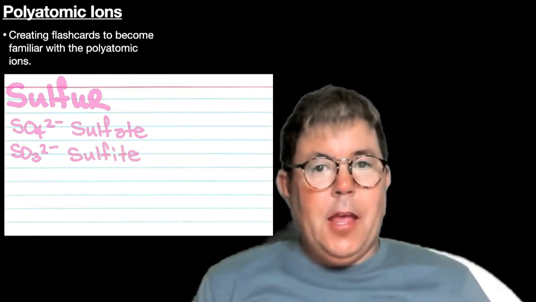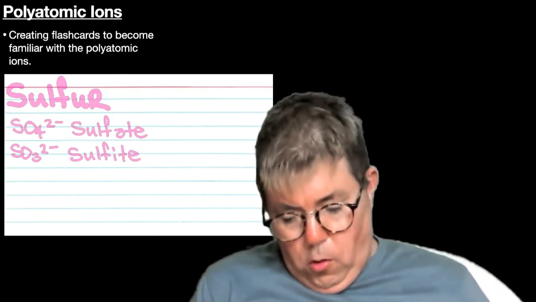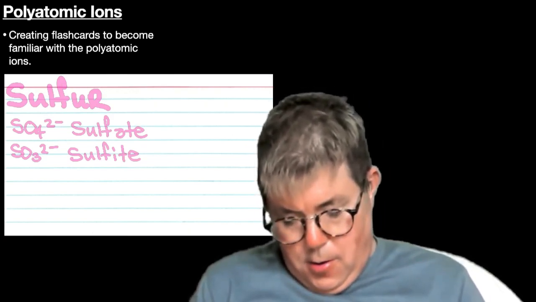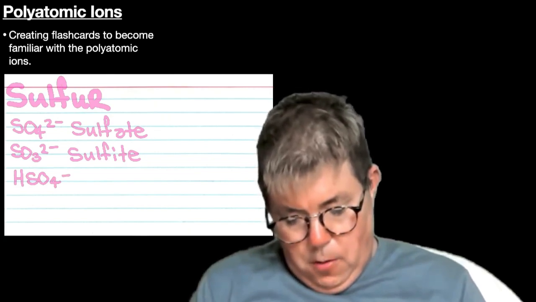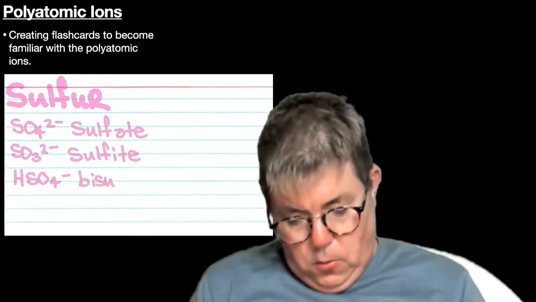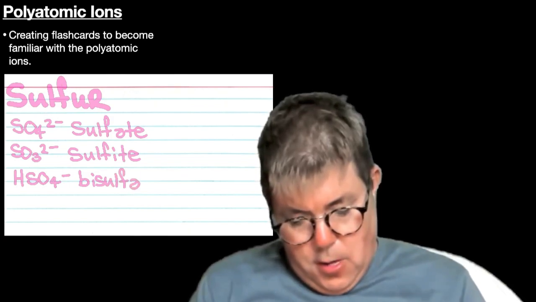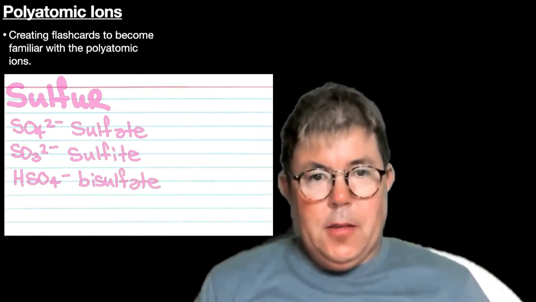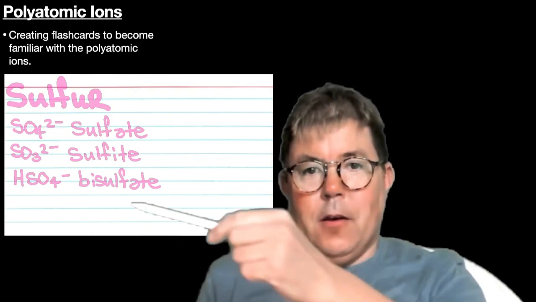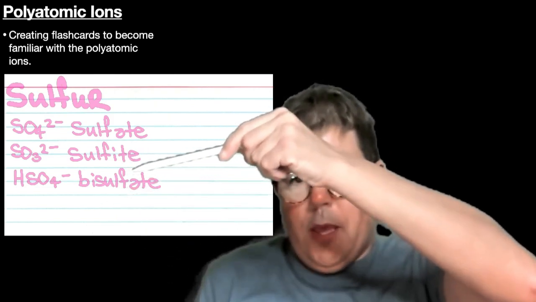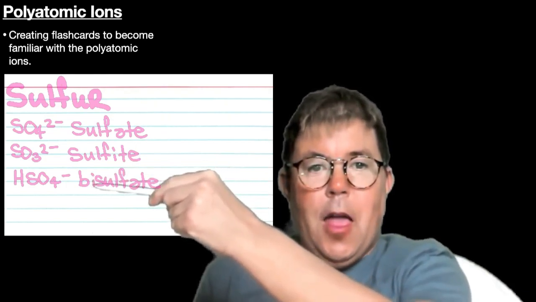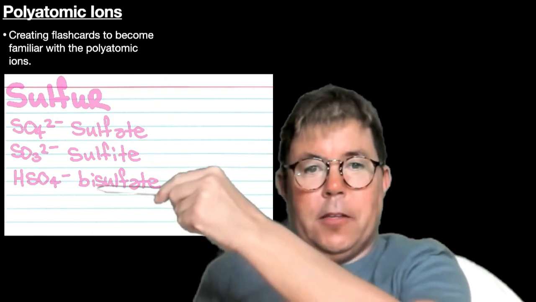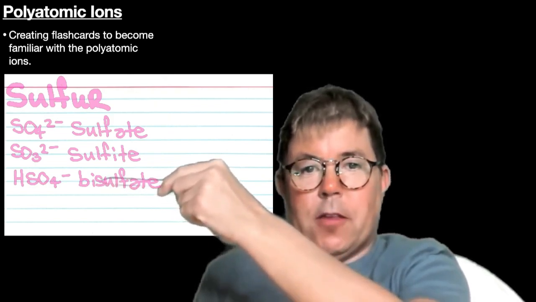In the table, we also have HSO4 minus, which is bisulfate. And notice, what is different about this ion from the previous ion?